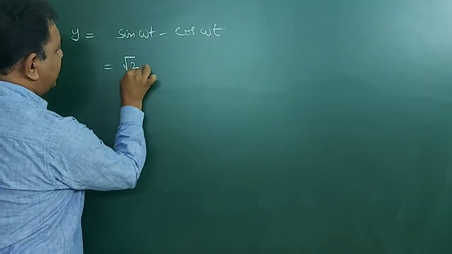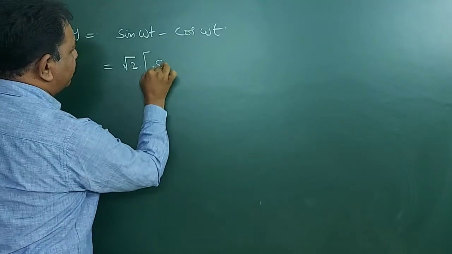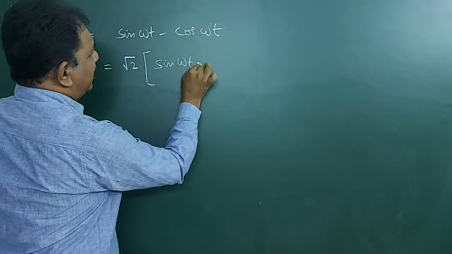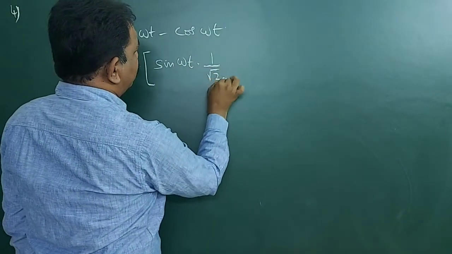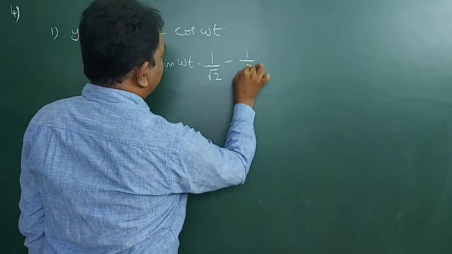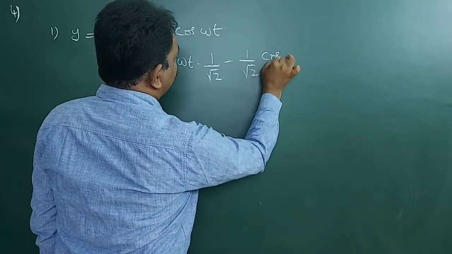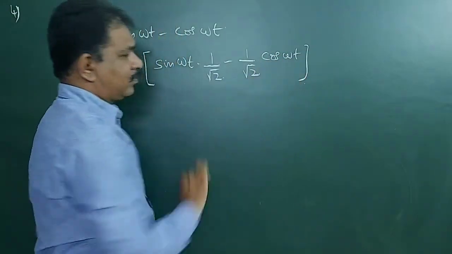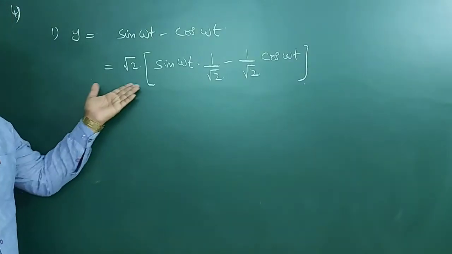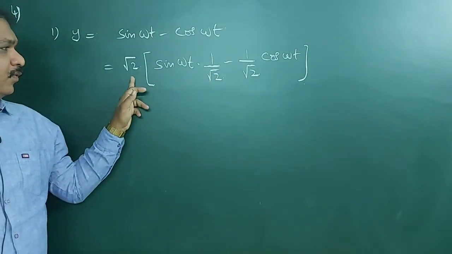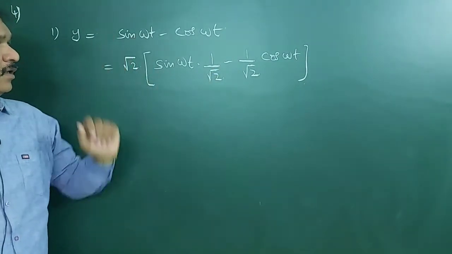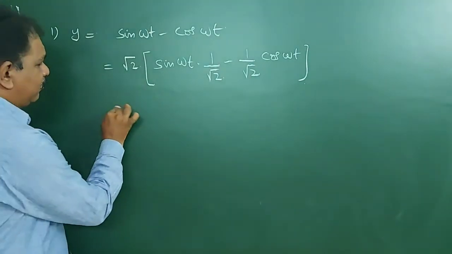I will multiply with root 2 and divide with root 2. There will be no change. 1 by root 2, if you take common, root 2 will cancel, you will get the same only.